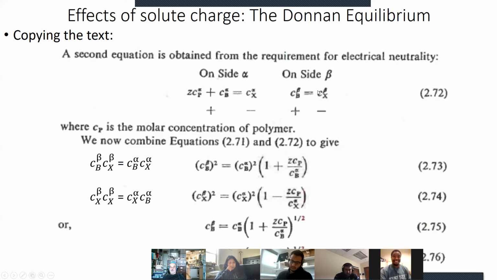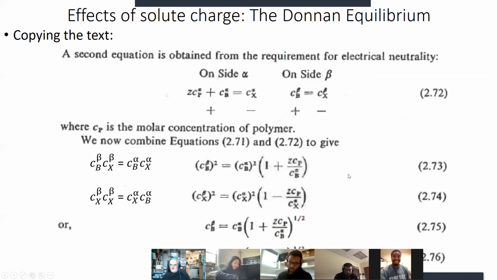They're equal to one another, so I can make a substitution. On the right side, I can have a CB alpha, but then I can substitute in a value for CX alpha that is equal to the sum ZCP plus CB alpha.